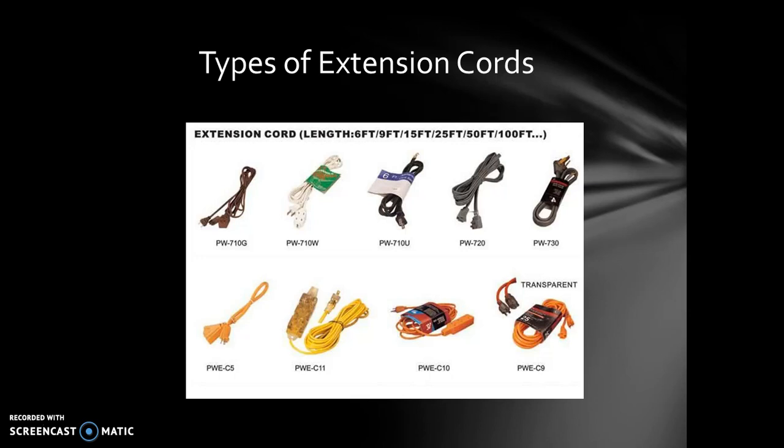Then you can move up the line: 14 to 15 amps is mainly for lawn mowers or power drills, usually medium duty. And 16 to 20 is moving up into heavy duty, which would be chainsaws, circular saws, shop vacs, air compressors. The list goes on and on.